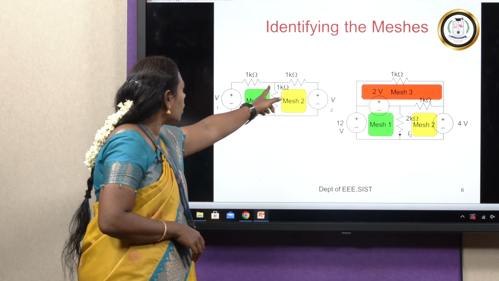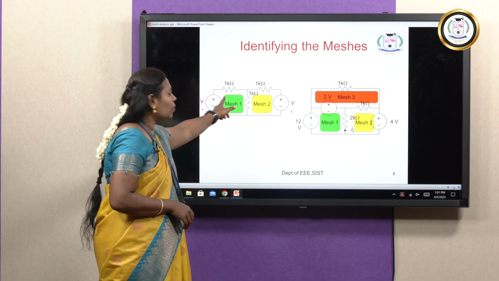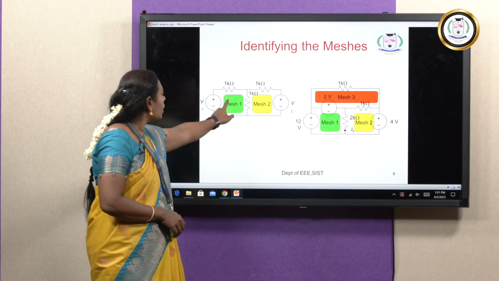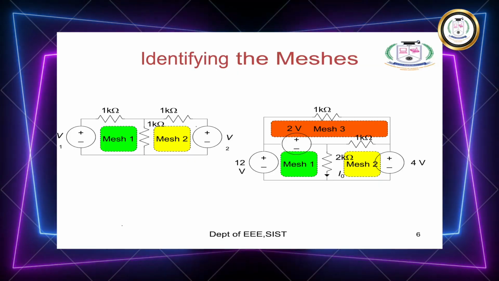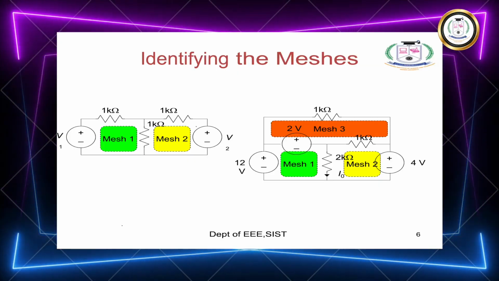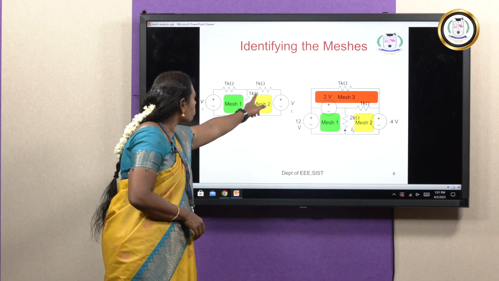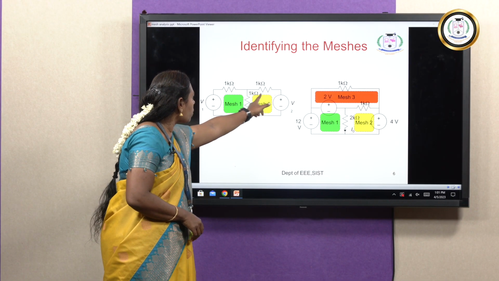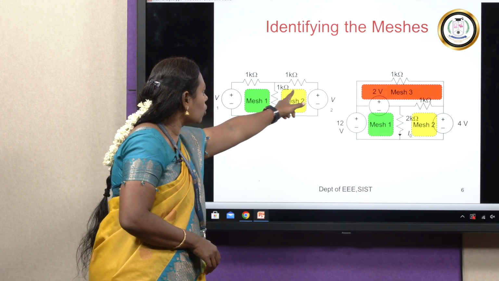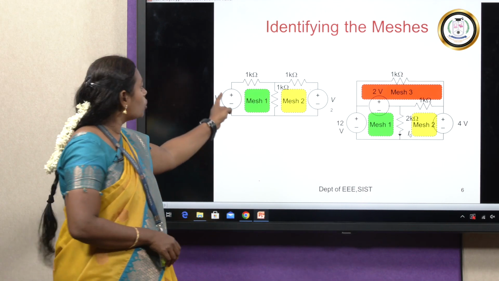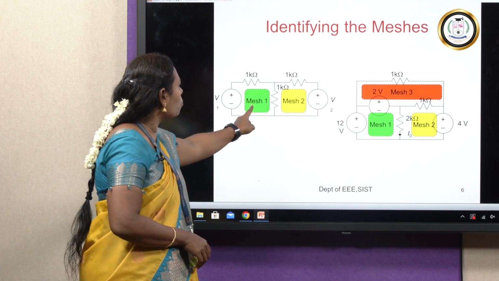This loop we consider as mesh 1. Similarly, the second closed path has 1 kilo ohm, 1 kilo ohm and V2. This forms the second loop, which we call mesh 2. So in this circuit we have two meshes.